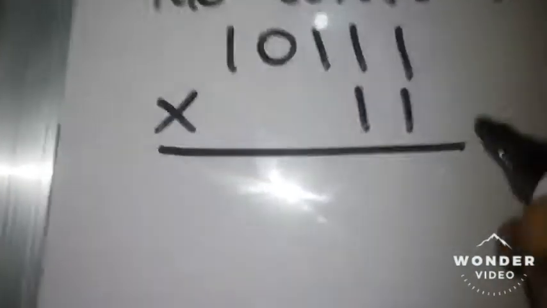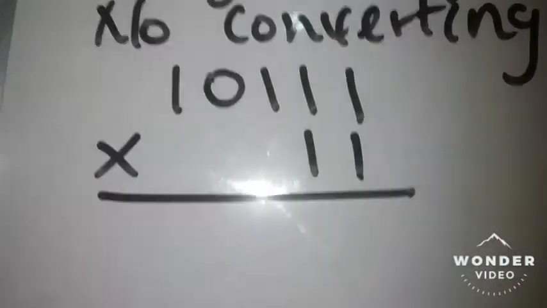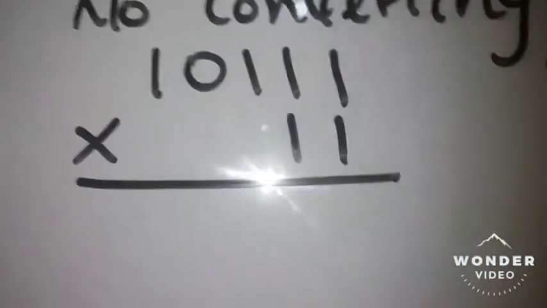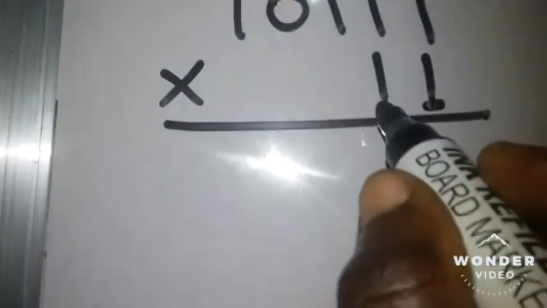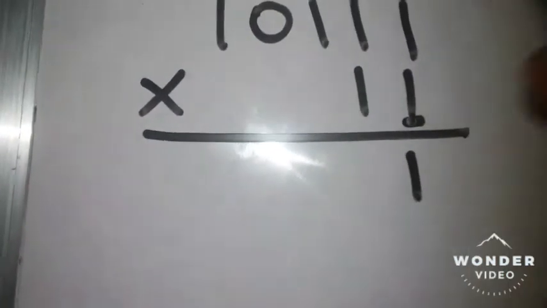Let's go. You pick this one, 1 times 1 up here, that is 1. You write 1. You pick the same number and use it to multiply the digits above before using the second one. 1 times the number is the number.